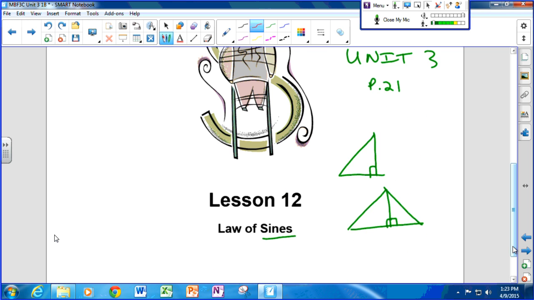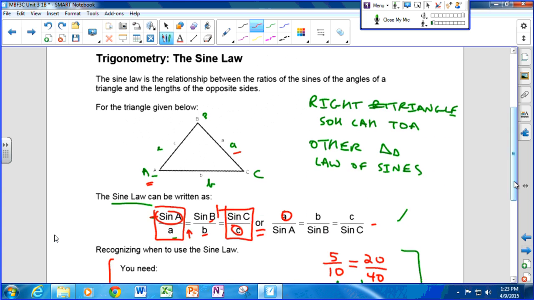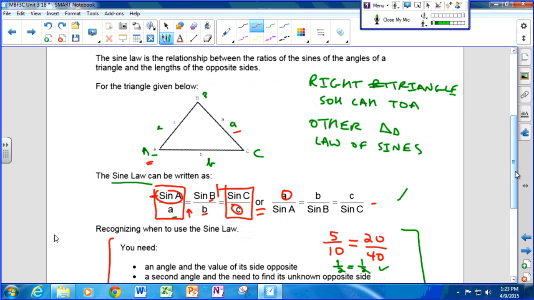All right, so once we get past SOH CAH TOA, once we're not looking at right angled triangles, then we have to bring in a bit more powerful tools. Now, one that's fairly easy is the sine law. For a lot of triangles, we can take care of it with the sine law.